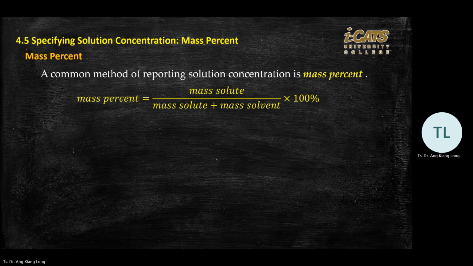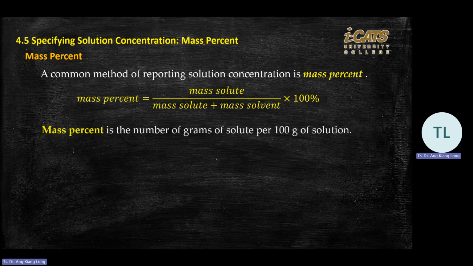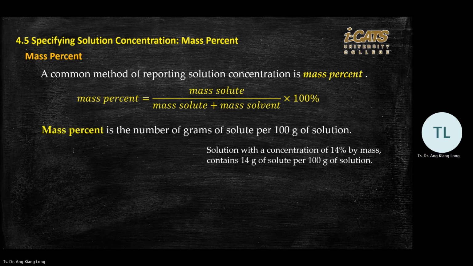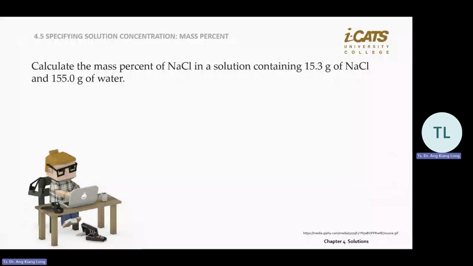Okay. So this mass percent will form a saturated solution if you use NaCl as your solute and water as your solvent. If you understand, then it should be done.